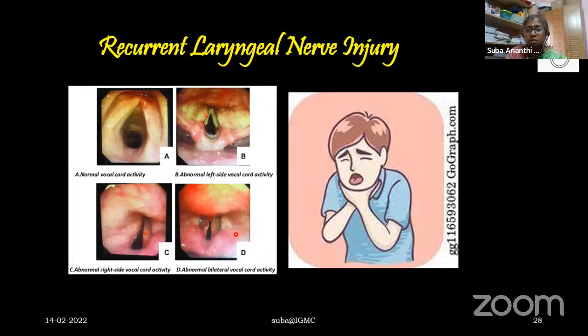And depending upon the position of the vocal cord, if it is in a paramedian position, airway obstruction doesn't occur. But if both the vocal cords are in an adducted position in bilateral recurrent laryngeal nerve injury, the patient presents with airway obstruction, which needs emergency tracheostomy.